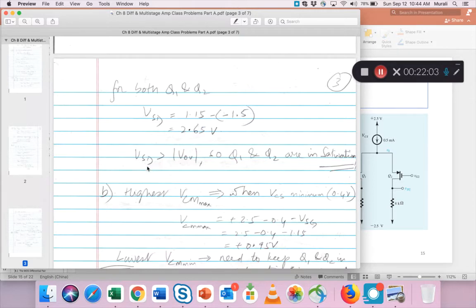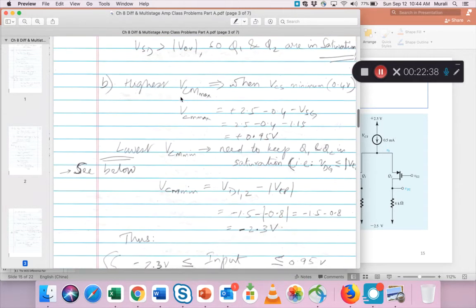And since source to drain is greater than the overdrive voltage, which is 0.35, we can say Q1 and Q2 are in saturation. So this 0.5 milliamp bias current from the source, with no input voltage on the gates, is good enough to put both Q1 and Q2 in saturation.